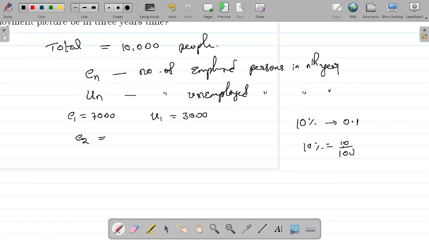So 0.1 times the employed persons in the first year are becoming unemployed.